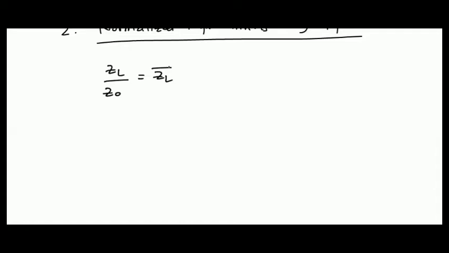Any impedance divided by Z0 is called a normalized impedance, and normalized impedances are denoted by placing a bar on the impedance. So Z bar of L plus lambda by 4 is 1 by Z bar of L. So after every lambda by 4 distance, the normalized impedance inverts.